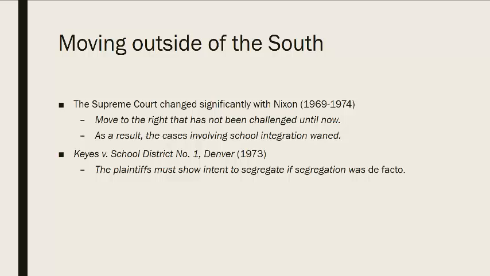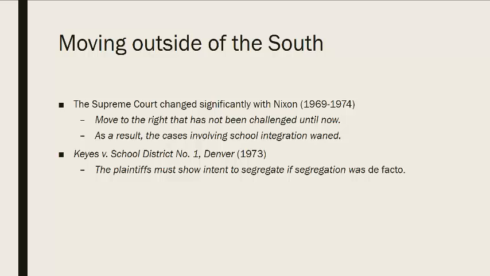And so this gets into a whole other area of housing and things that are a different video. But what it's doing is it's starting to pull back on the government's oversight into cases, because de facto really rules outside of the South.